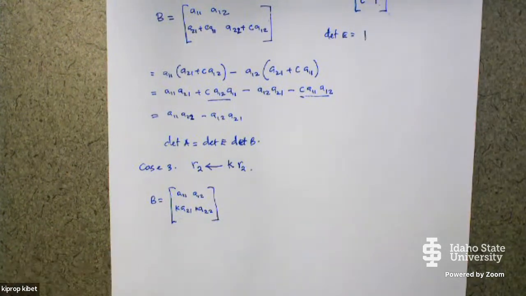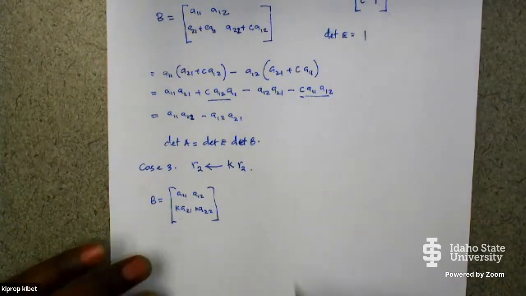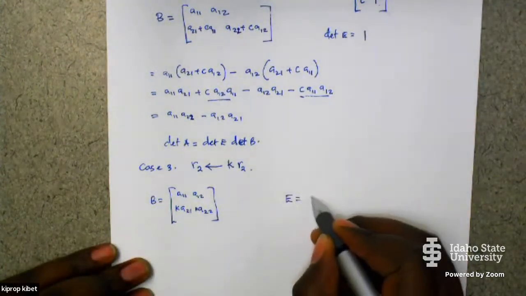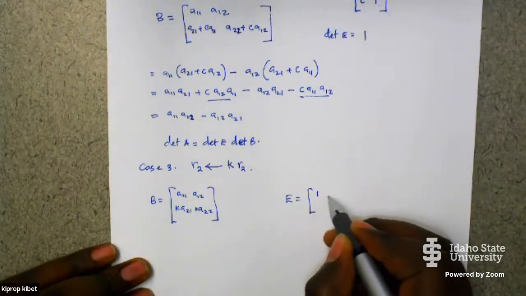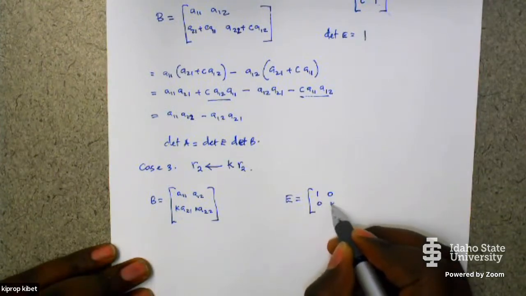So that is our B. So what will be our E? Our E is equal to 1, 0, 0, and K.